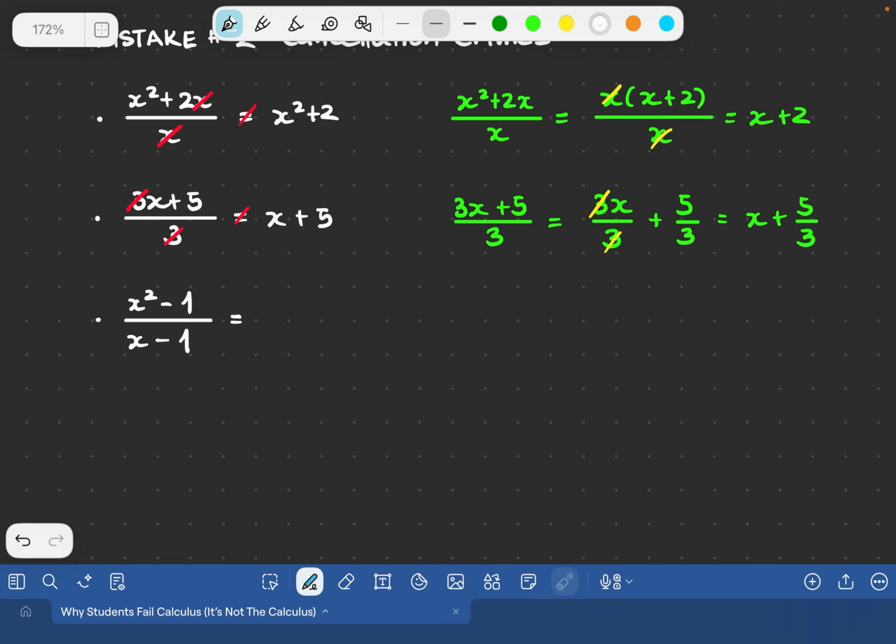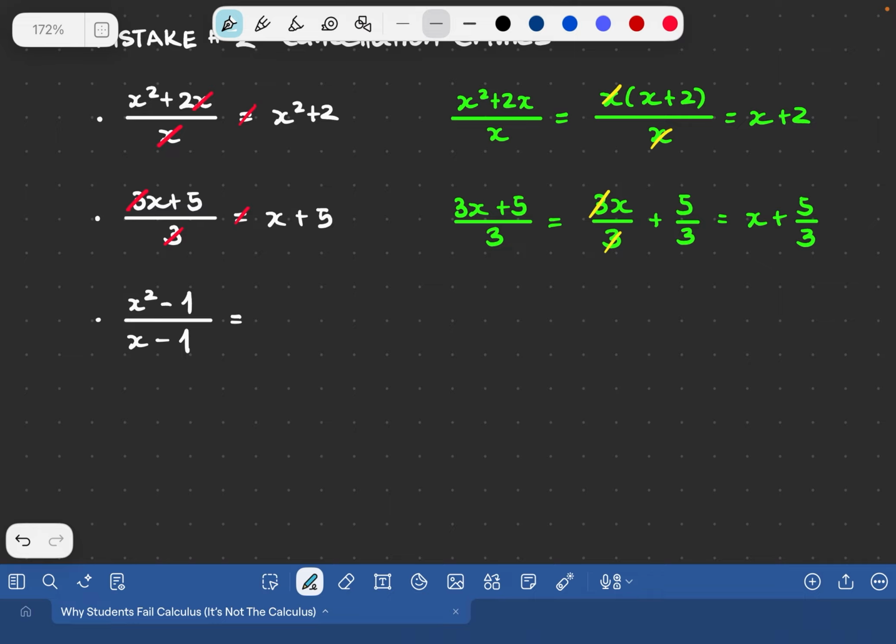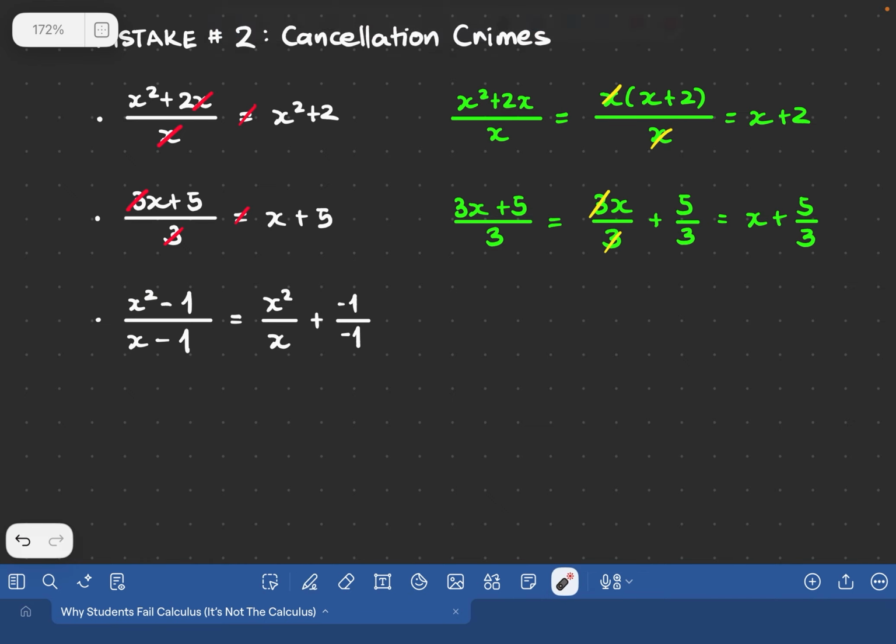So what the student does here is that they split based on the denominator and the numerator simultaneously. So they will obtain x squared all over x plus -1 over -1. So this one was combined, this 2 must combine as well.